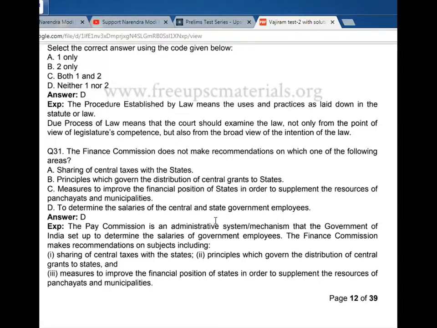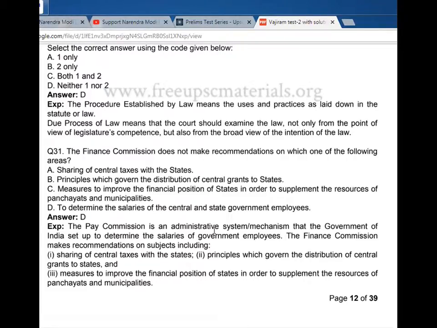The procedure established by law means the uses or practices laid down in the statute or law. Due process of law means that the court should examine the law not only from the point of view of the legislature's competence but also from the broad view of the intentions of the law.